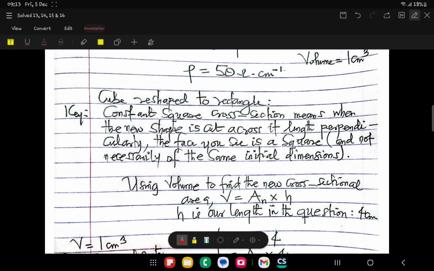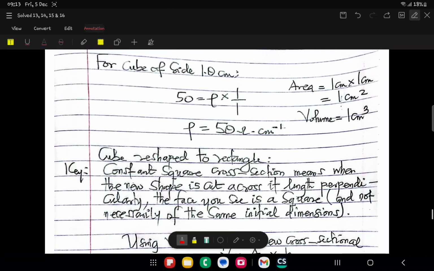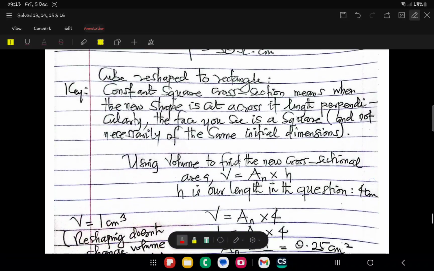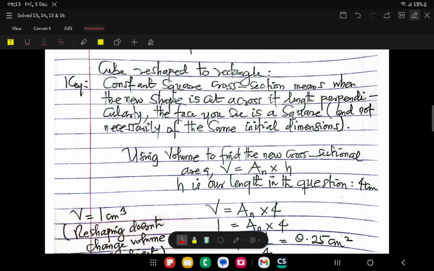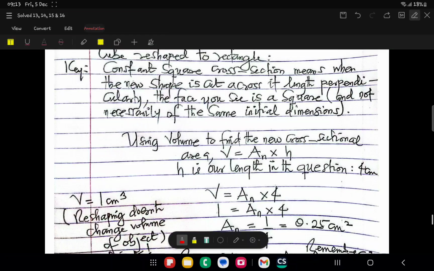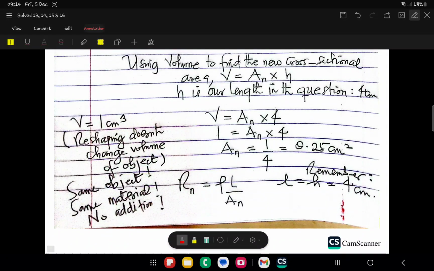So let's use volume to find this new cross-sectional area. Now, you realize that we found the volume for the cube to be 1 centimeter cubed. So we write the volume is equal to new area times the height, which is the same as the length we're given in the question. We use the same volume of 1 centimeter cubed because the object is the same material.